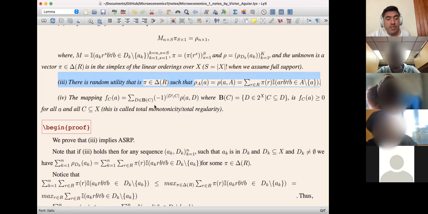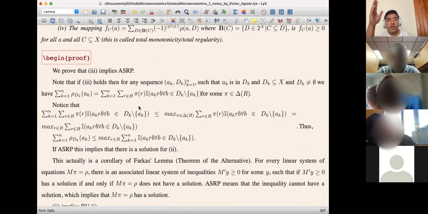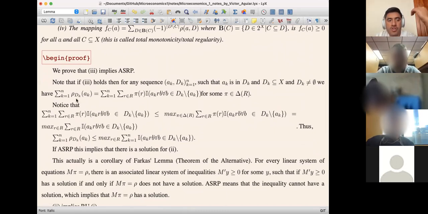Okay. So the first thing we're going to show is that 3 implies 1. Note that 3 holds for any sequence of (A_k, D_k) for any size n, such that A_k is inside D_k and D_k is inside X and D_k is not empty. We have the probability of the summation of rho_{D_k}(A_k). So I'm just writing the probability by definition 3.